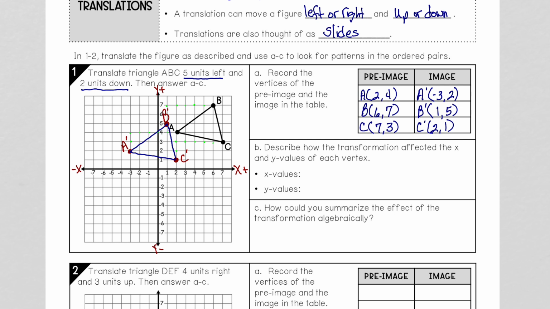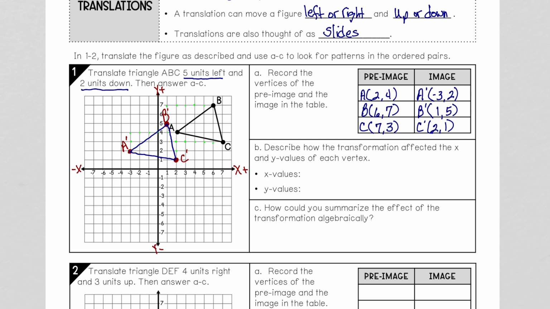So describe how the transformation affected the x and y values of each vertex. Vertex, remember, is just simply the corner. It's where the two segments come together.